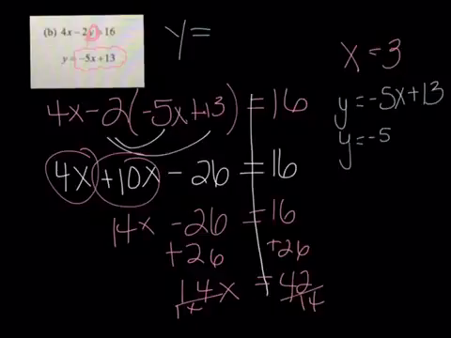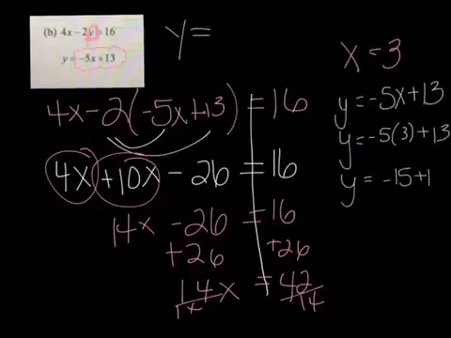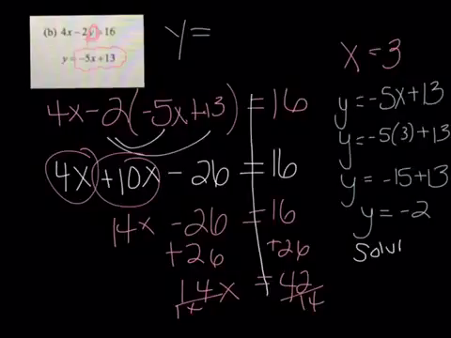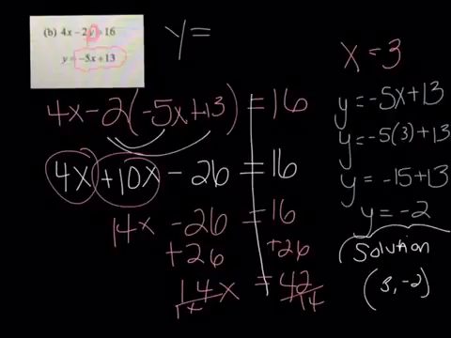Y equals negative 5 times 3 plus 13. Negative 5 times 3 is negative 15, plus 13 is negative 2. Okay, lastly, write down your solution. Your solution is parentheses 3 comma negative 2.